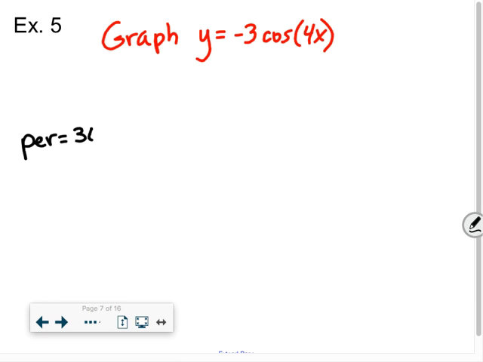So the period length is 360 divided by 4, so what's the period length? 90. And what's my amplitude?